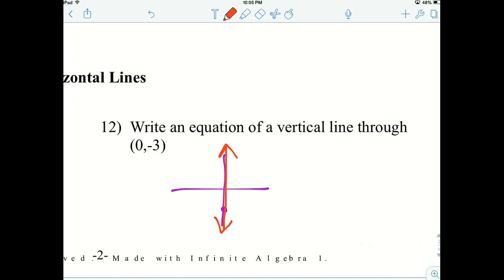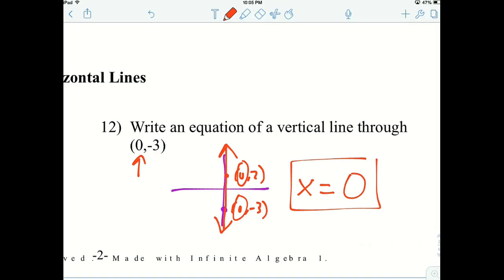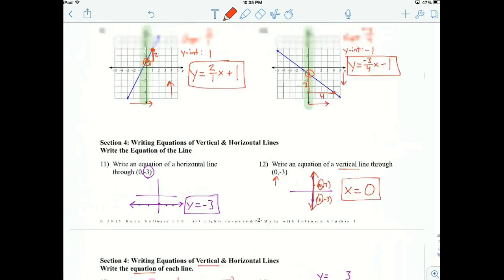But remember, the part that doesn't change is the value of x. You'll notice that this point is (0, -3), and some point up here might be (0, 2). You could find lots of points on there, and the x value is always going to be 0. So we say x is equal to whatever x is, which in this case is 0. The equation of the vertical line through that point is x equals 0.